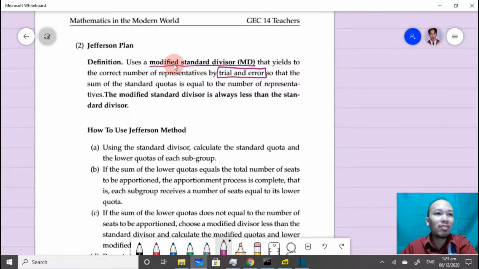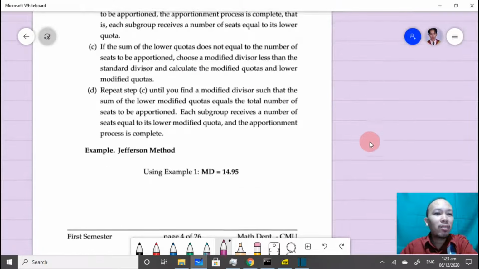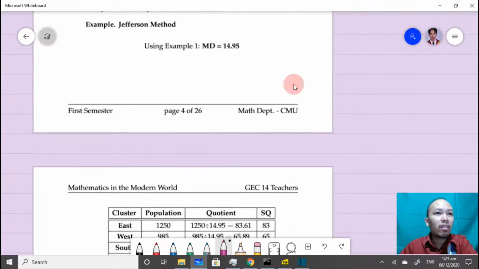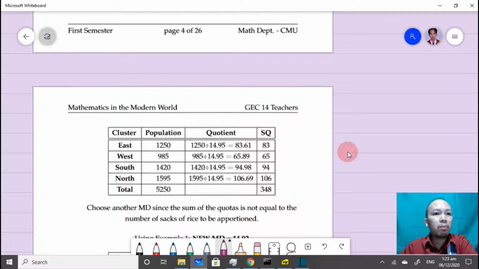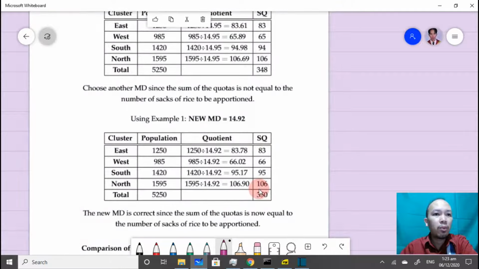So that's maybe a little bit funny for me. Anyway, we use here 14.95, and the resulting table is just the same as the Hamilton plan. The result is 348. So make another guess, use 14.92. The second guess gives us 350.